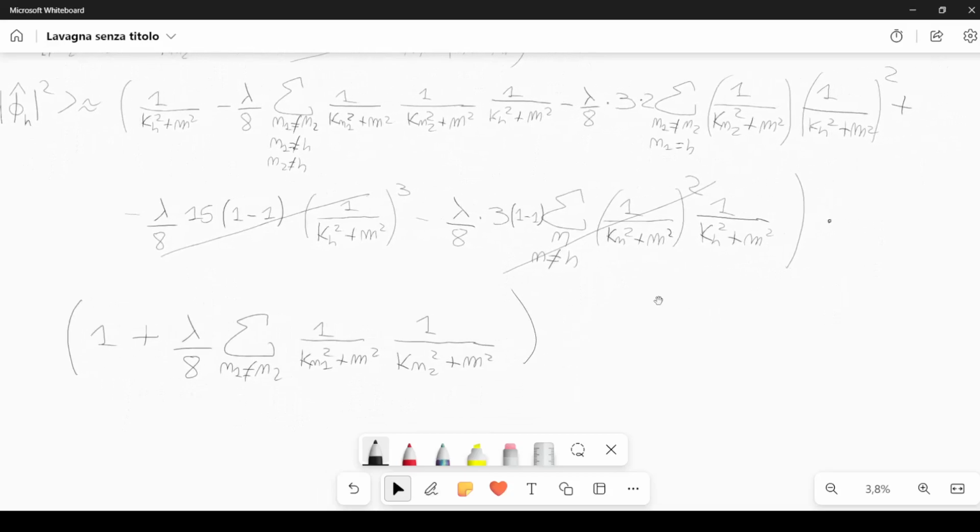Now when we do the multiplication between this parenthesis here and this parenthesis here, we are going to neglect second order terms, because you can see that we have this lambda, and when this lambda multiplies this lambda, we will get lambda squared. And similarly here, when you multiply this lambda by this lambda, you are going to get lambda squared.